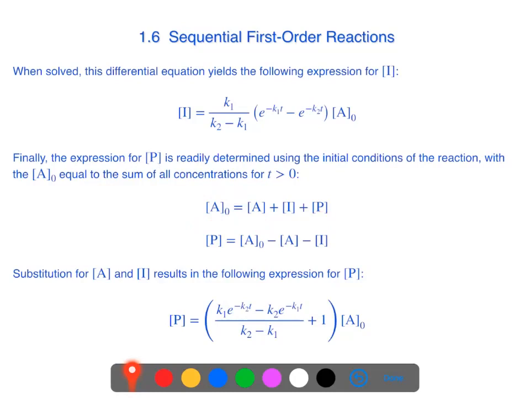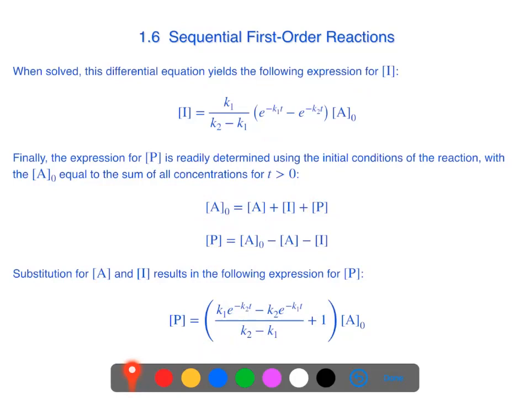And so we can rearrange this for P. So P is going to be equal to A naught minus A minus I, all the concentrations of those species. Now, if we substitute in for A, that's going to be our exponential term, and I, which we just solved for here, this is the resulting expression that we end up with.